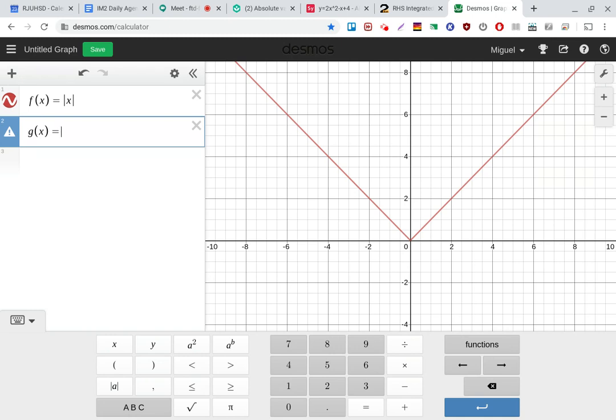And I'll give you a hint. You got to put a 3 somewhere. And we know that if it's outside the parenthesis, outside of the absolute value, it makes it go up and down. A way for everybody to kind of test it out. And it's going to be somewhere.